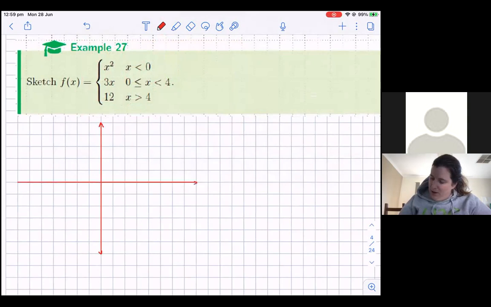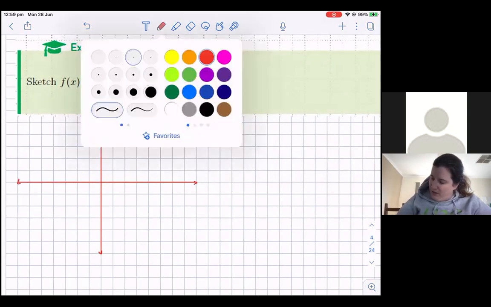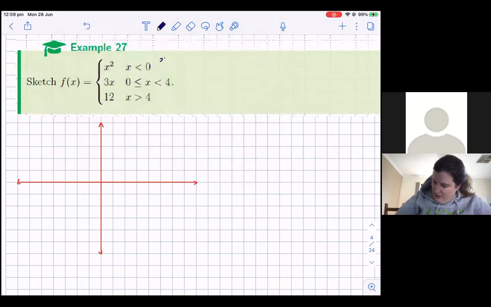So what I mean by that is I should check when x is 0, x squared is 0. When x is 0, 3x is 0. The other end of this one is x is 4, 3x is going to be 12. And then when x is 4, this is just going to be 12.